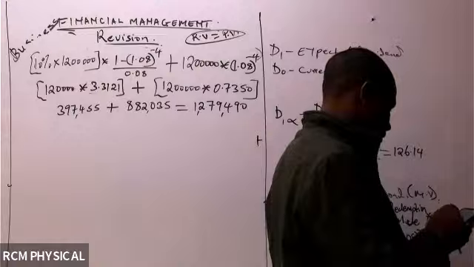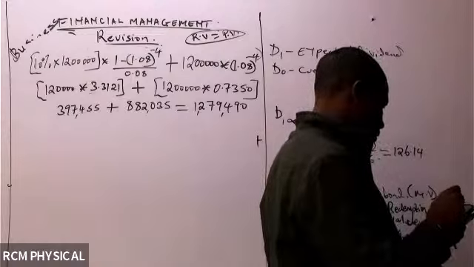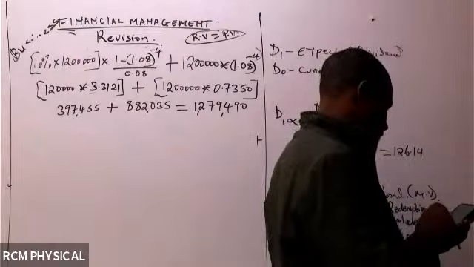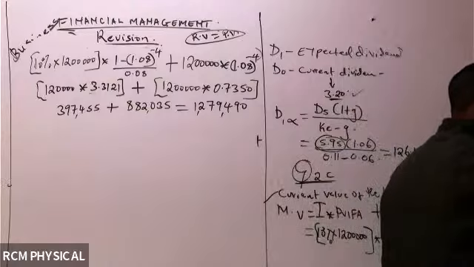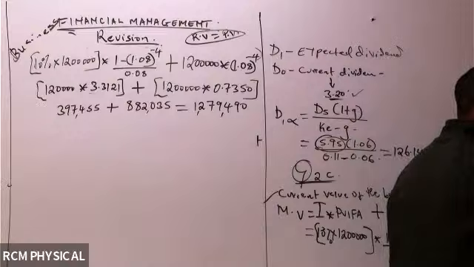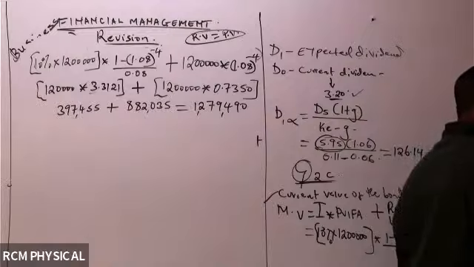This is FM, division for alpha. I want you to look at that question.